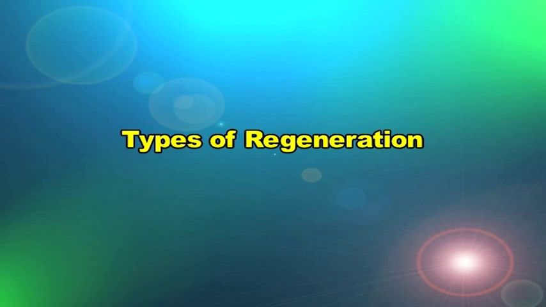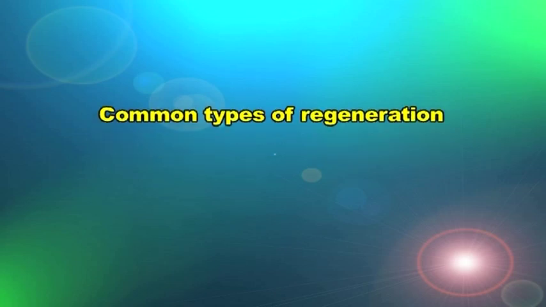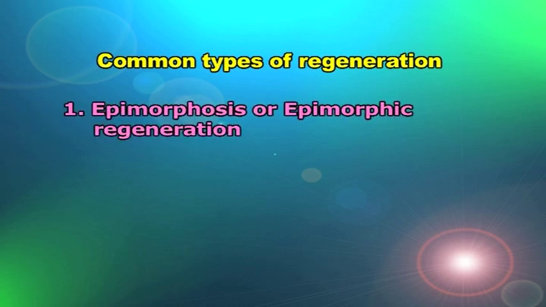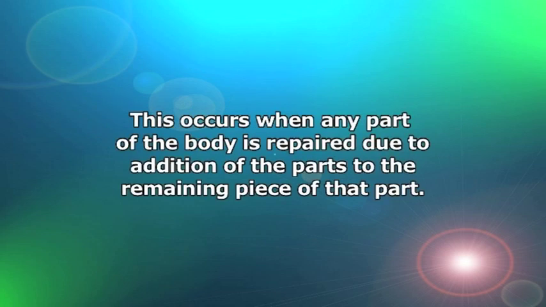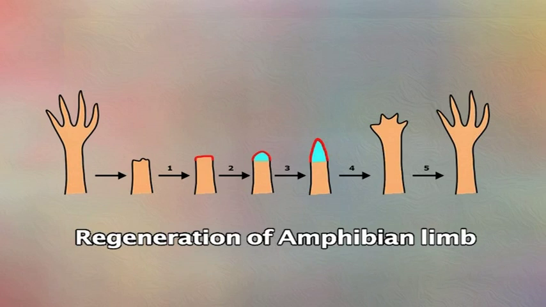Types of regeneration. Common types of regeneration include: number 1, epimorphosis or epimorphic regeneration. This occurs when any part of the body is repaired due to addition of the parts to the remaining piece of that part, as for example, regeneration of amphibian limb.